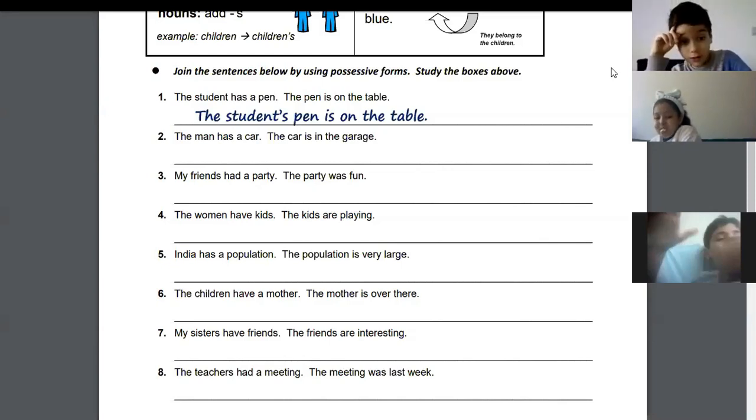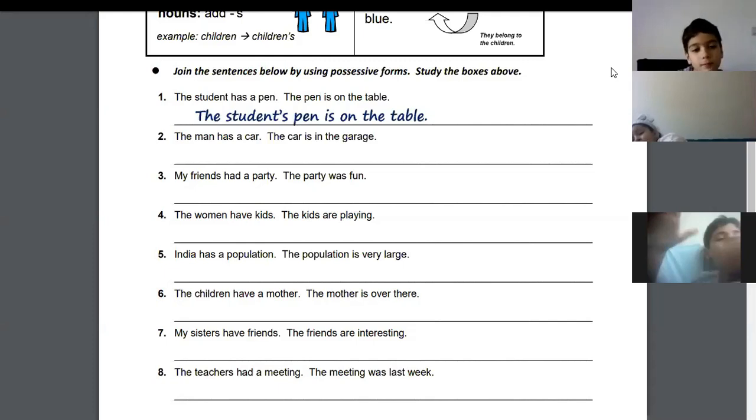Sisters is the noun. Is sisters one person or a group of people? Sisters ends with an S. If it has an S at the end, it means there's a lot of them. It's a group. So because it ends with an S, it's plural.